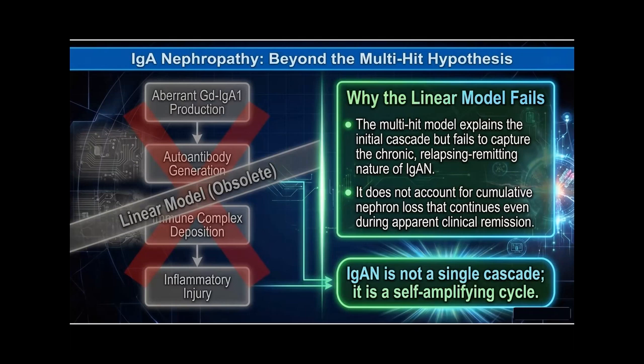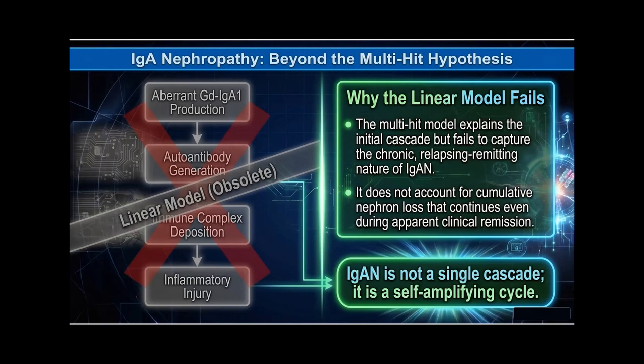Now, the linear model fails because there is what is called a multi-hit hypothesis, a multi-hit mechanism explaining the initial cascade but failing to capture the chronic relapsing remitting type of IgA. It does not account for the cumulative nephron loss that continues even during apparent clinical remission. Because the old one does not tell you about the nephron loss. It only looks at the clinical remission.